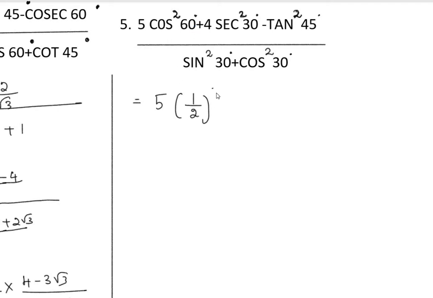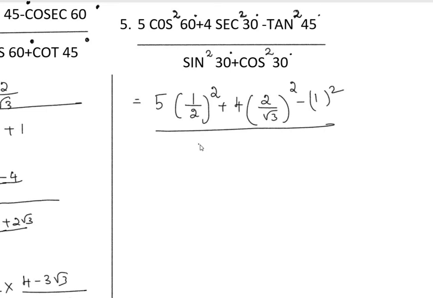Square is given, so I am putting that square. Plus 4 into sec 30 is 2 by root 3, the whole square. Minus tan 45 is 1, so I will get 1 square is 1. By sin 30 is 1 by 2, the square is given, so square. Plus cos 30 is root 3 by 2, the whole square.